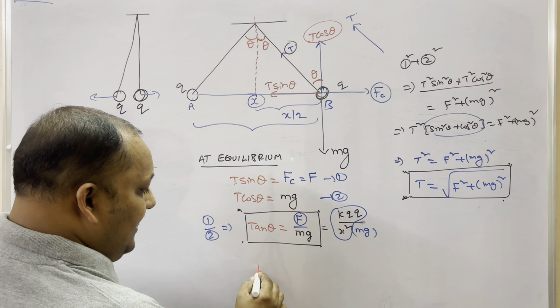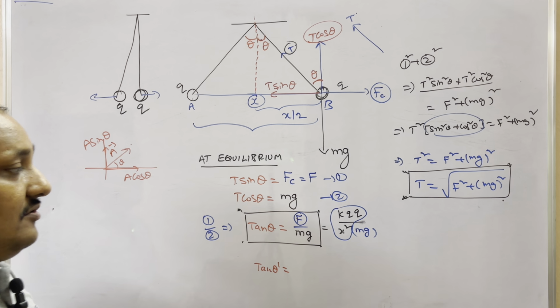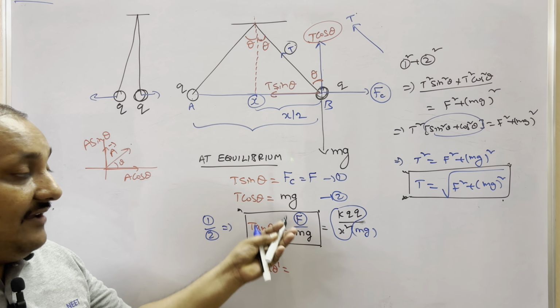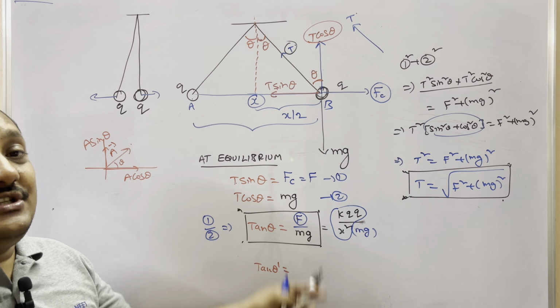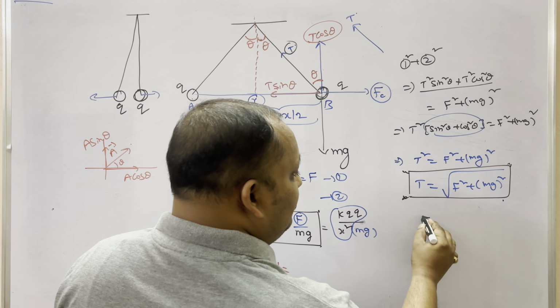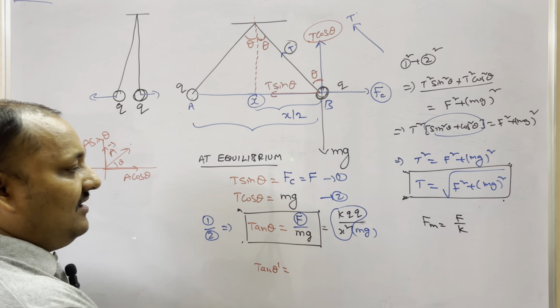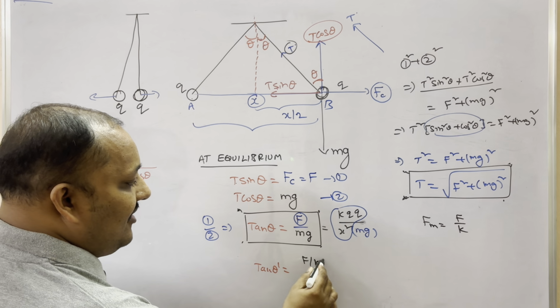How will F change within the medium? Already we discussed: in any medium, F medium is equal to F by K. Therefore, here you will write F by K.